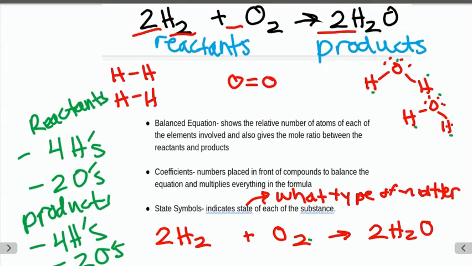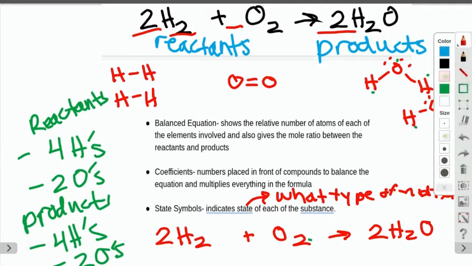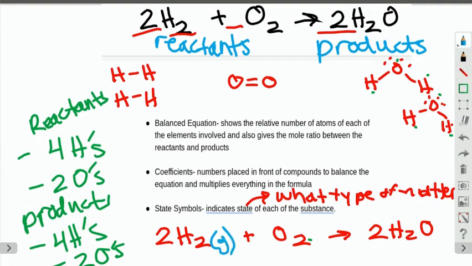And that's why we went over phase changes the day before, because you will have to indicate if something is a solid, a liquid, a gas, or if something's aqueous, which we'll go over. You don't really know what aqueous means, but in this case, you can look on the periodic table to see where hydrogen is and see if it's a solid, liquid, or a gas. You will place that in parentheses right next to each of the elements or the compounds that are in the reaction.